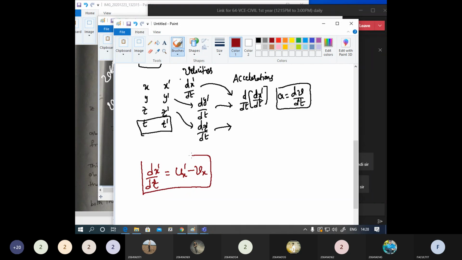The expression you got regarding the velocity, now we are going to differentiate on both sides with respect to time.